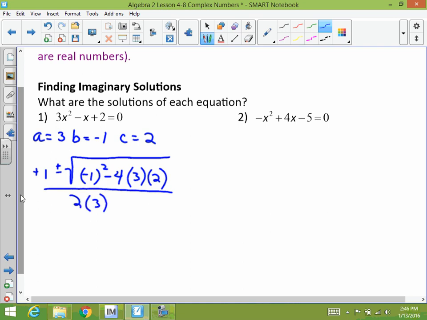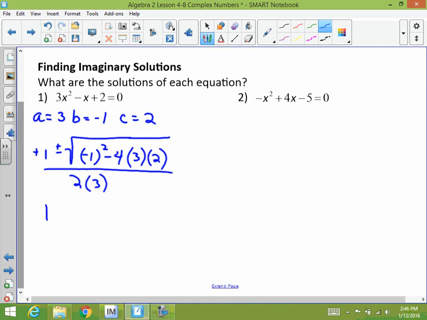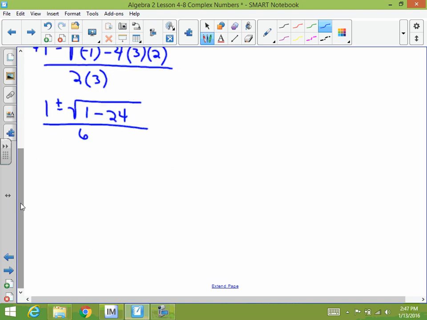Just like that. So you end up with 1 plus or minus the square root of -1 squared is 1, minus 8 times 3 is 24, all over 6. So to simplify this, we're going to have 1 plus or minus the square root of -23 all over 6.